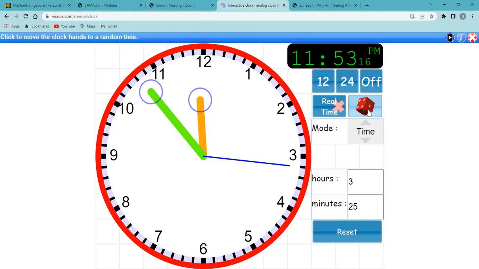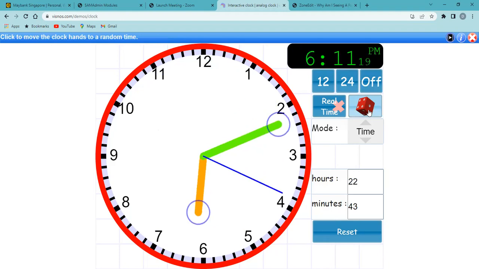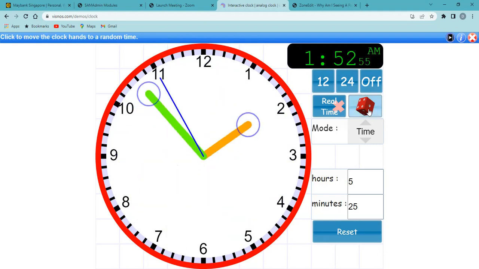So when you play this game with them, with a random time, you tell them, all right, let's see who is the fastest, tell me what time it is, to the minute. So 6:11. You can use this random clock to test them, and it's quite good to supplement the teaching. Now let me go back to the booklet.